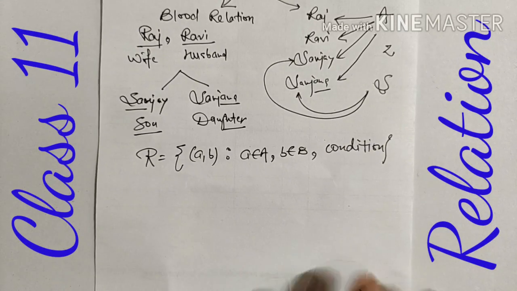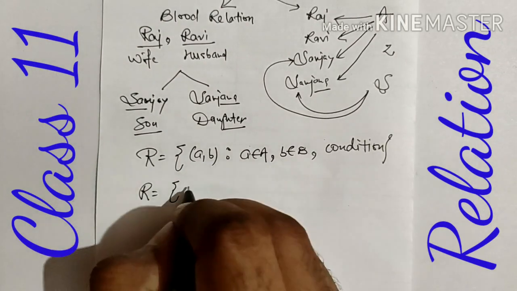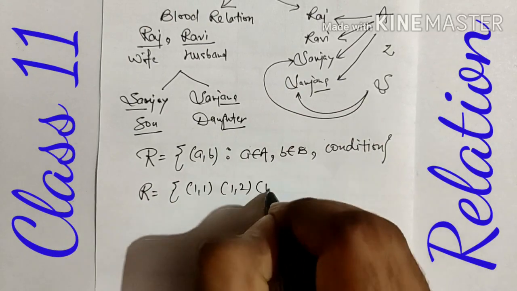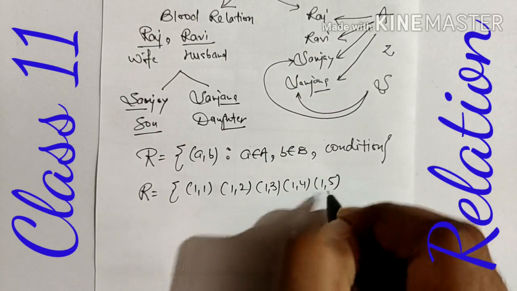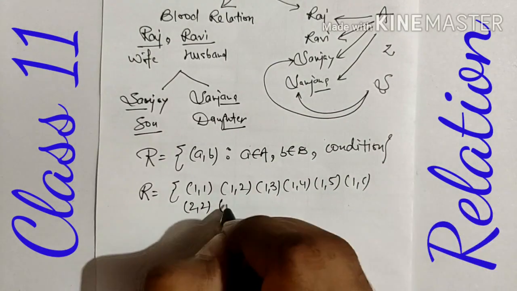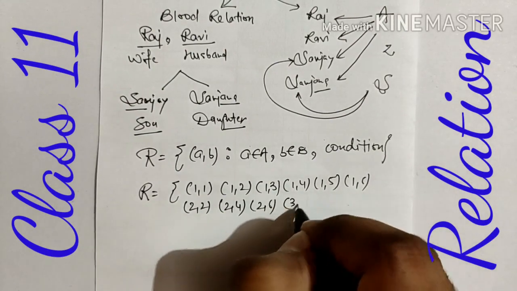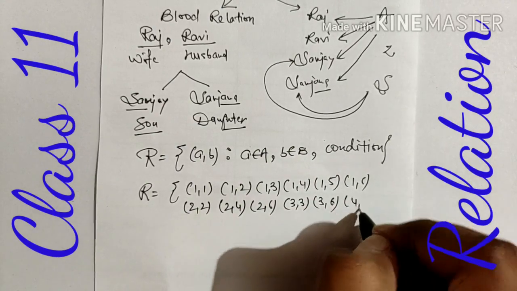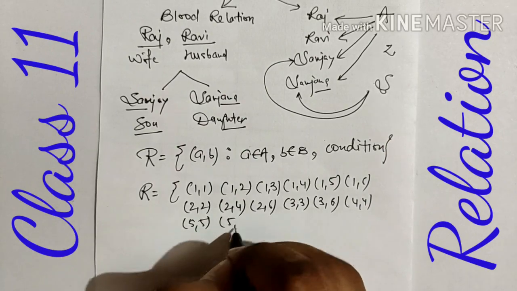For example, suppose the relation is given: (1,1), (1,2), (1,3), (1,4), (1,5), (1,6), (2,2), (2,4), (2,6), (3,3), (3,6), (4,4), (5,5), (5,6).